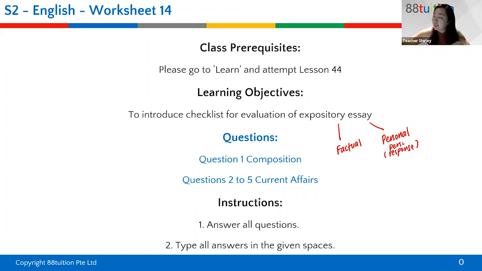Basically, it's like, do you think or do you feel that social media destroys relationships? Okay, so that is a personal expository. It requires your own personal responses, but then again, you cannot be too emotional about it. You have to be emotive, but definitely not exaggerating. Okay, then of course, factual expository will require a factual response.